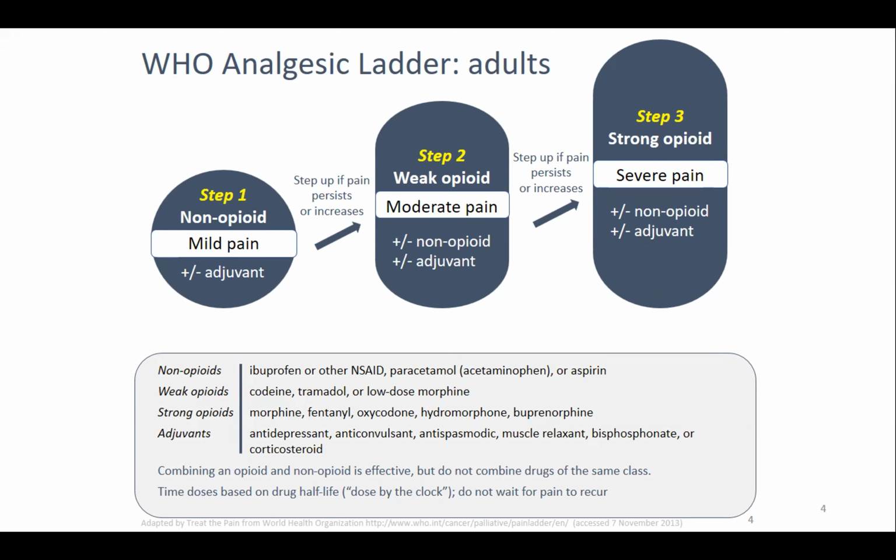If they give the pain score as 4 to 6, which we said is moderate pain, we give them the weak opioids, and weak opioids include medications like tramadol, codeine, which you can use for that. And then sometimes we also use low dose morphine, that's a dose below 5 milligrams for a patient, as a weak opioid.